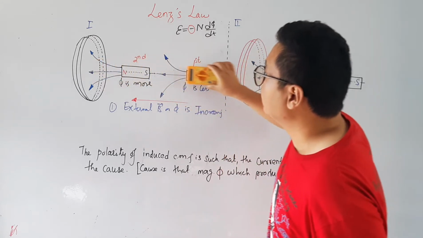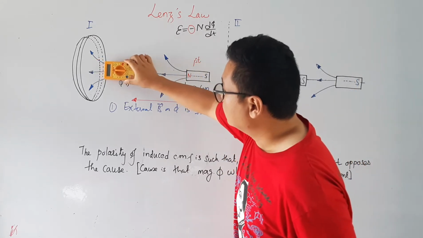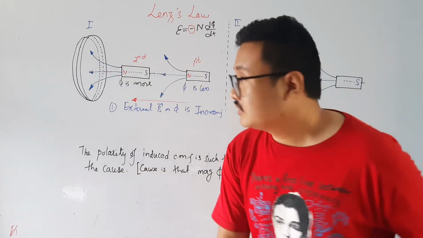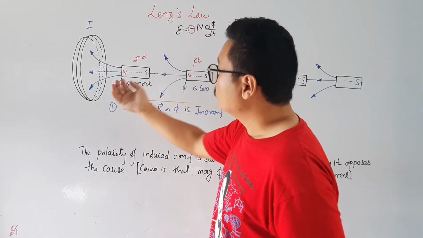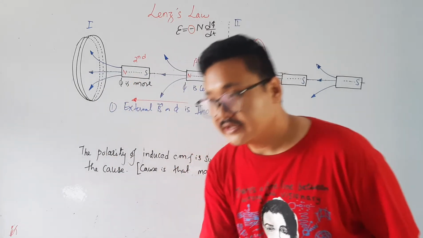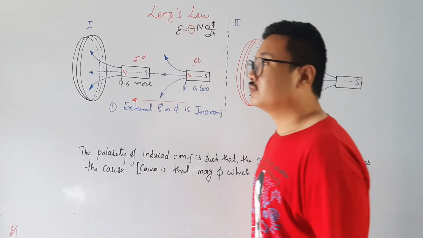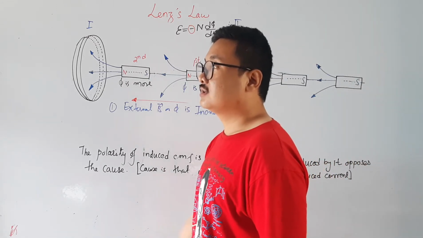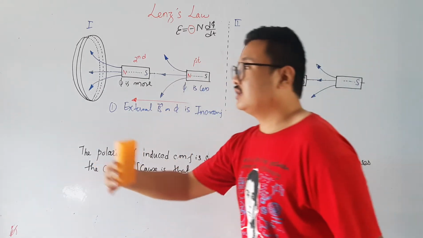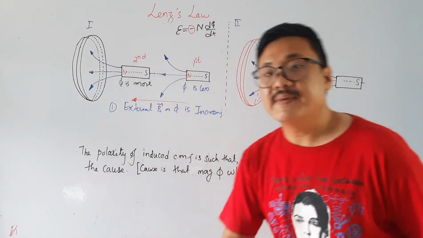It should repel the magnet backward. That is opposition. According to Lenz's law, whenever I move this way, it should oppose me and push me back. It will give me a backward force.